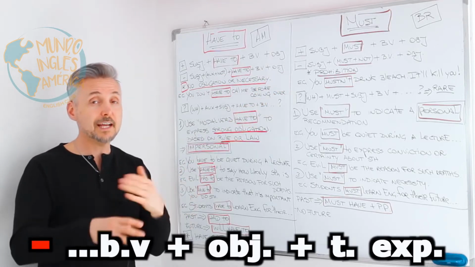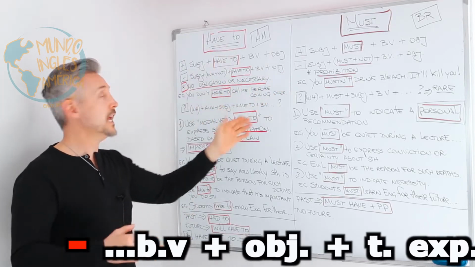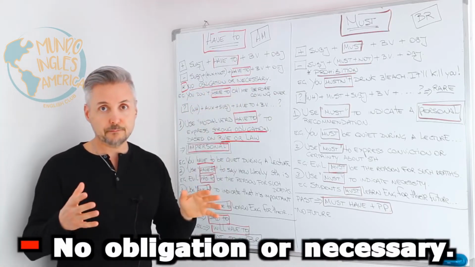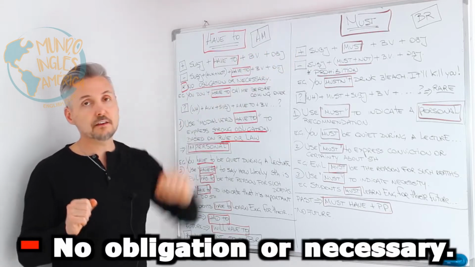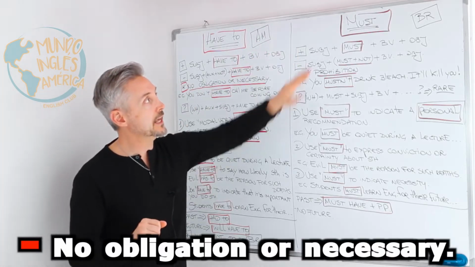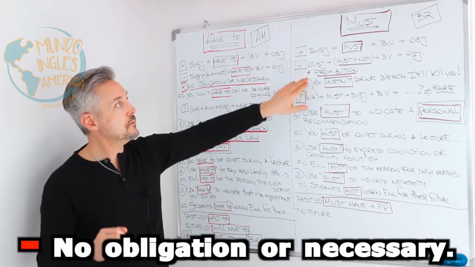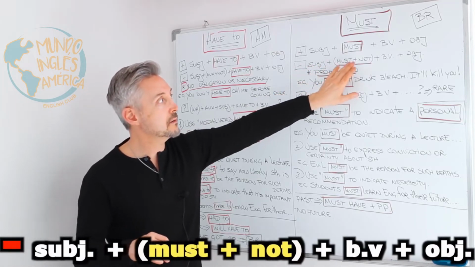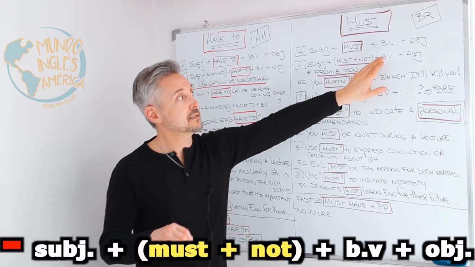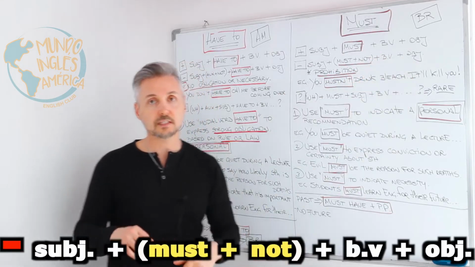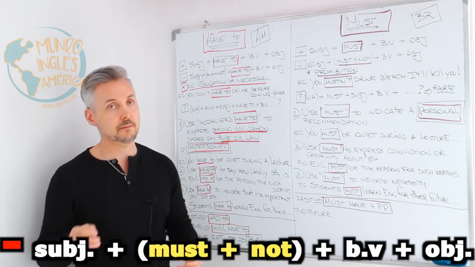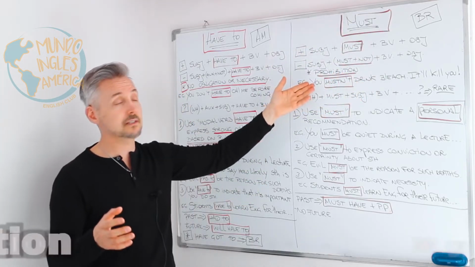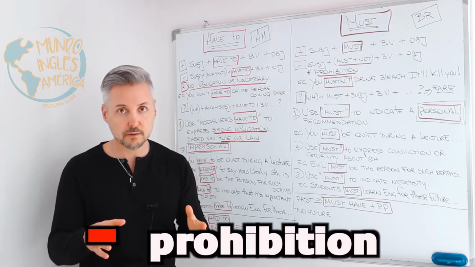If you use have to in a negative sentence, it means no obligation or necessity. Instead, if you use must in a negative sentence, the formula would be subject plus must plus not plus the base of the verb plus the object, and then the time expression, if any. In this case, it means prohibition.